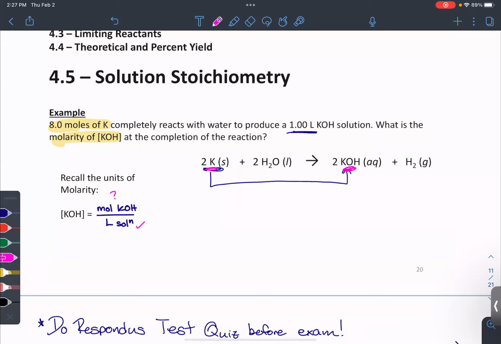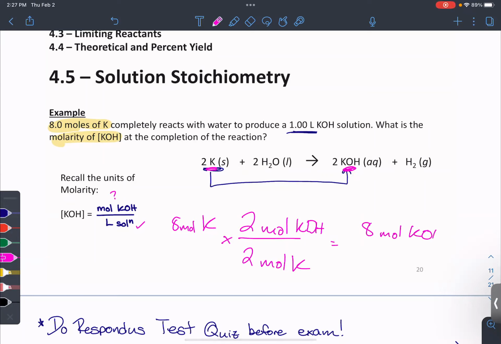To get moles of potassium hydroxide, I need to figure out how much of that potassium actually reacts. This is where we use stoichiometry. We start with 8 moles of K. We're already in moles, so we can get on the bus and use the coefficients here. 2 moles of potassium produce 2 moles of potassium hydroxide, and so in this solution I should have 8 moles of potassium hydroxide as well.